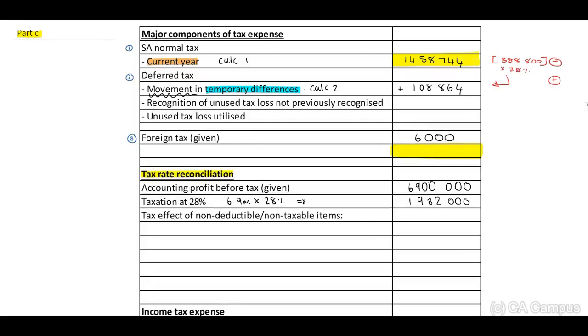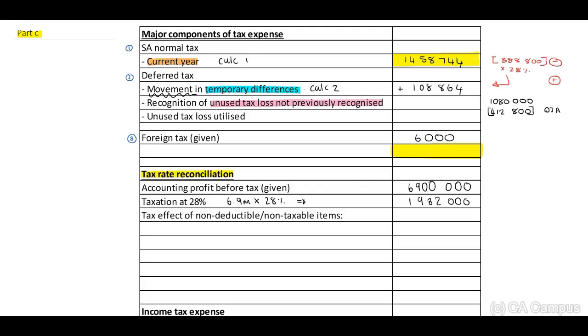Okay, now we're still busy with our deferred tax. The next line item is recognition of our unused tax loss not previously recognized. We did not previously recognize that amount. Okay, so if we look at this, remember it was a total of 1,080,000. Then we recognize 412,800 as a deferred tax asset.